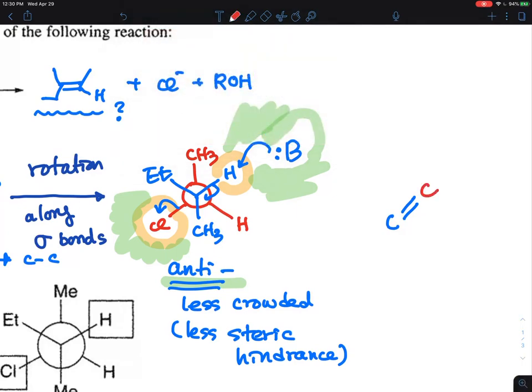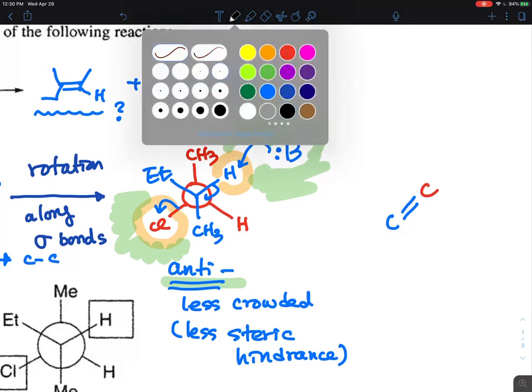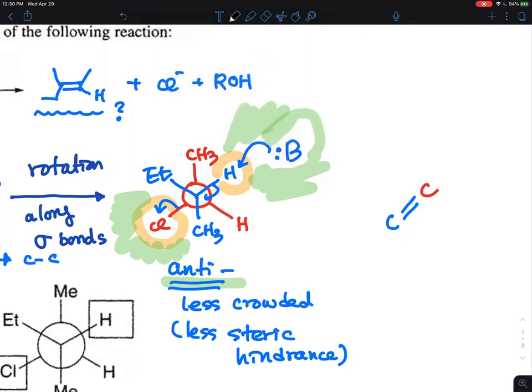Red is the one in the back, and the blue one is in the front. Then the back one, when they form, it looks like CH3 methyl and the ethyl on the same side, right? You see this? They are on this side together, and on this side, methyl and hydrogen on the other side. So hydrogen is here, and the methyl is here.